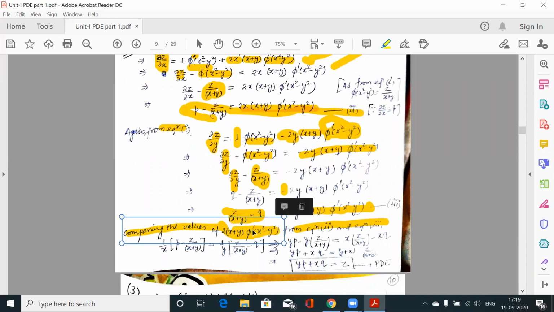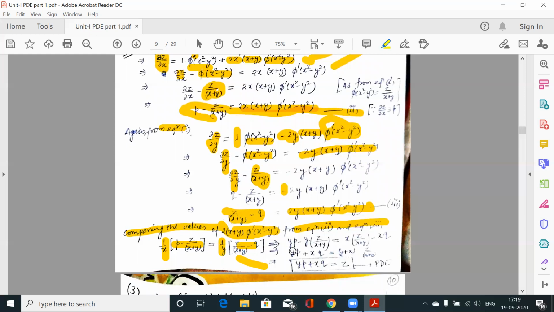This y will go on the denominator of this side. So from both of the equations we have found the value of 2x plus y phi dash, and so we get 1 over x p minus something is equal to 1 over y z over x plus y minus q. So this is our required PDE because it contains derivatives and it is free from phi.